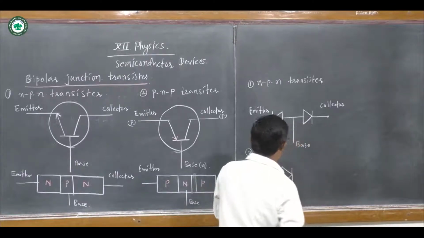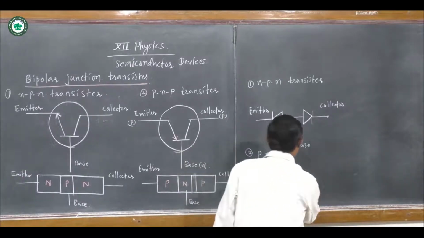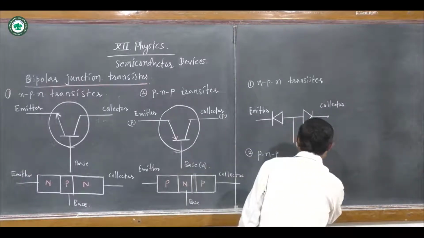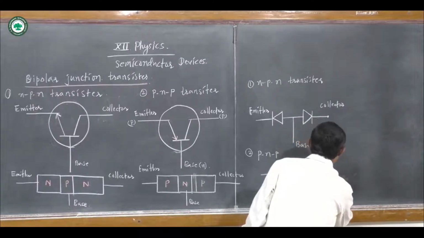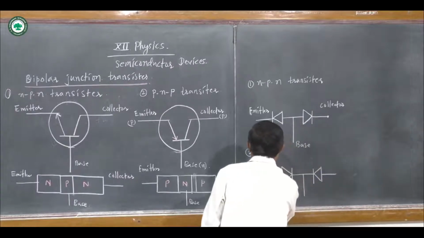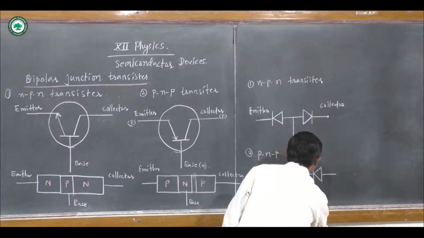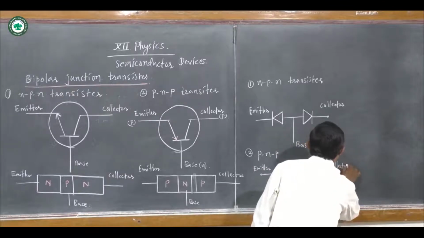This is the anode of the diode, and the cathode of the diode is connected to the cathode of the other diode, and we get the three terminals. This is the emitter, this is the base, and this is the collector.